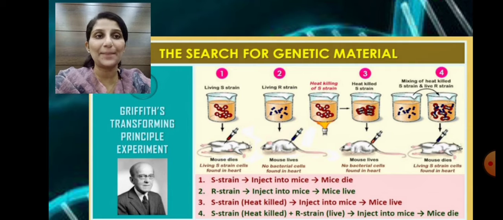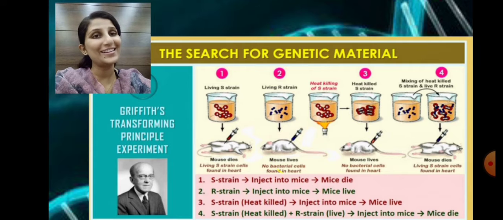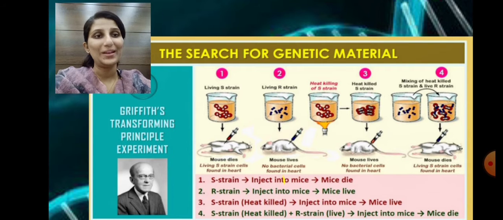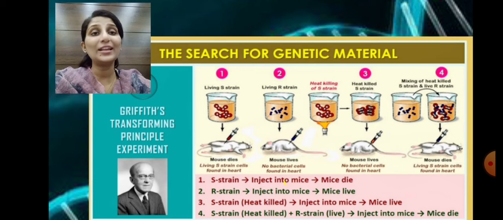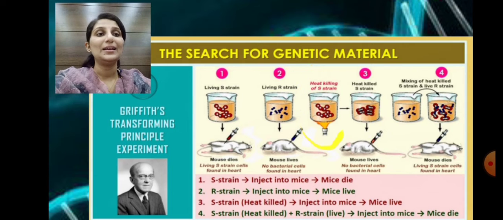In the second step, we can see he injected living R strain bacteria into the mice. And will the mice die? No. The mice will live, because the R strain does not have a virulent property. It does not cause pneumonia. In the next step, he killed the S strain by heating them.